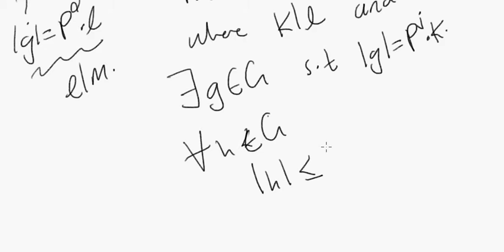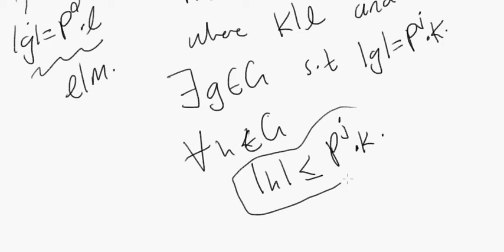Right. Is there any reason why this is a contradiction? Why the order of h has to be greater than p to the j times k? Could we come up with something here? Well, again, it's unclear why this should work, or how we would ever find an element whose order is bigger, or why having the order of all elements less than or equal to p to the j times k leads to a contradiction.